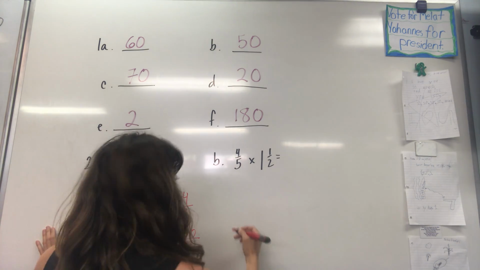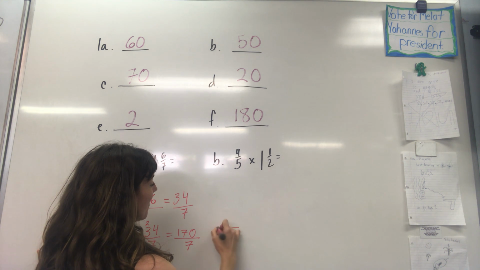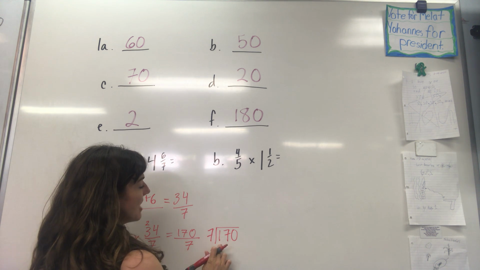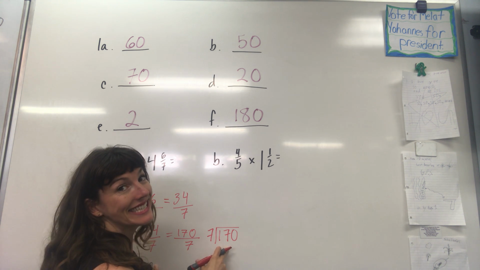So, I'm coming down. 170 divided by 7. 7 cannot divide into 1. But 7 can go into 17.